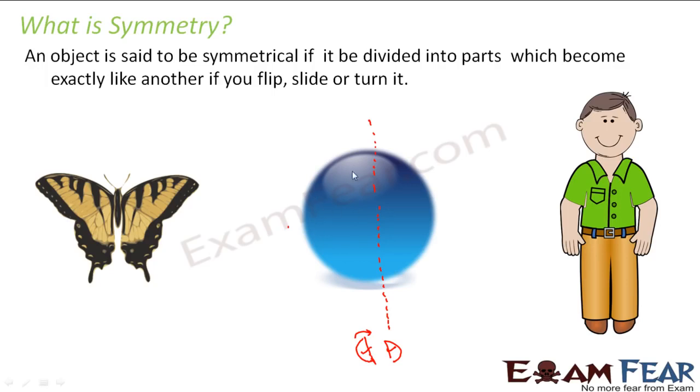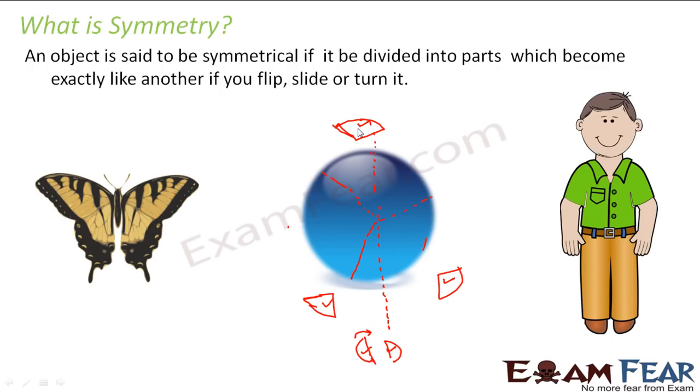Similarly, if instead of this axis, you divide the same sphere into three parts like this, 1, 2 and 3, these are the three parts which you get. Here also, all these three parts are exactly identical to each other if you turn them a little, right? So we say that this ball has a symmetry.